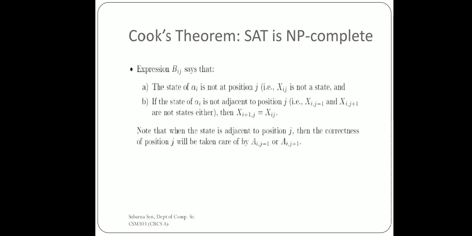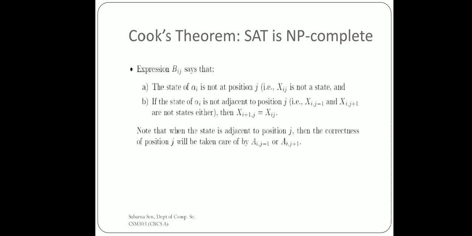And if the situation goes a different path, that is, the state alpha i is not at position j, then xij is not a state, and if alpha i is not adjacent to the position either, that is, in the previous case we considered alpha i occurring at position j, and here alpha i is not at position j, and the positions adjacent to xij, that is xi(j-1) and xi(j+1), are not states either, then what will happen?